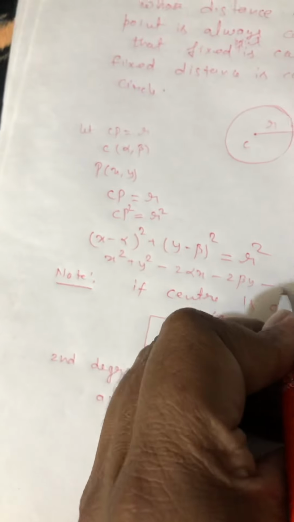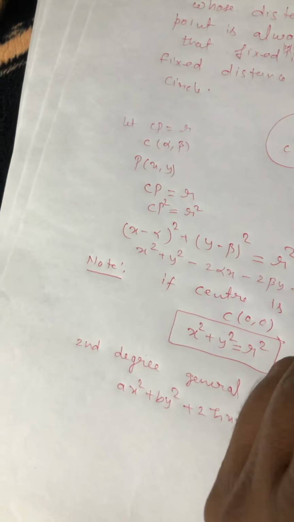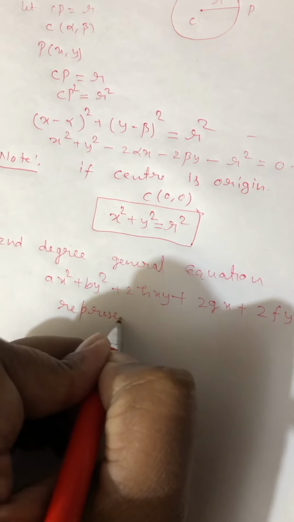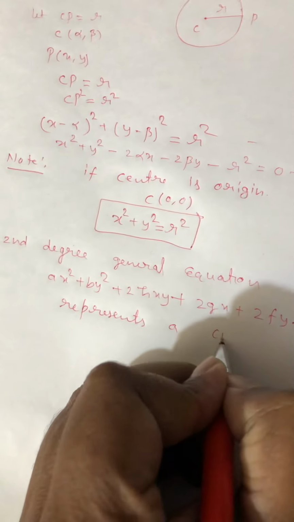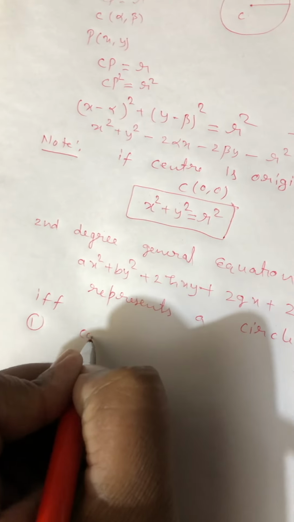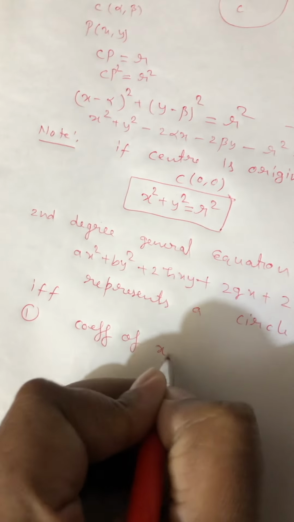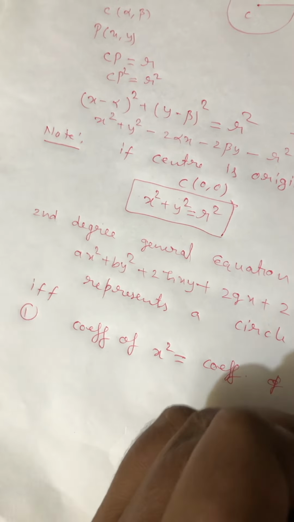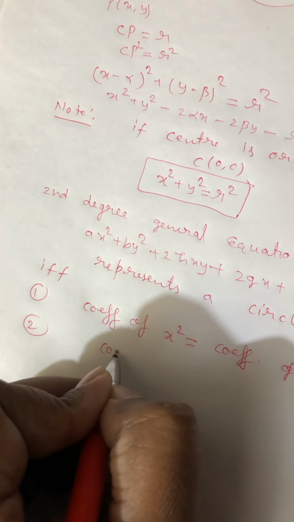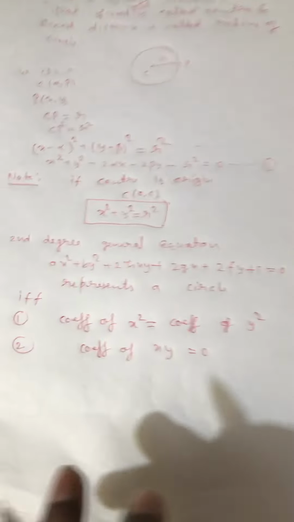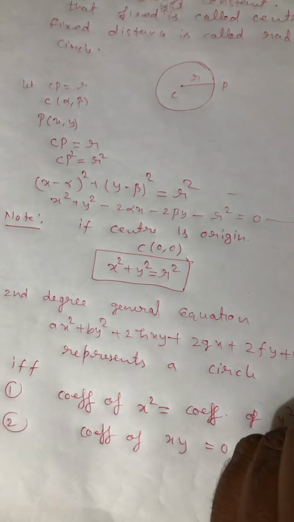The general equation represents a circle if and only if the first condition, the coefficient of x square, is equal to the coefficient of y square, and second, the coefficient of xy is 0. These two conditions are strict. If the data satisfy them, then we say that this equation represents a circle.